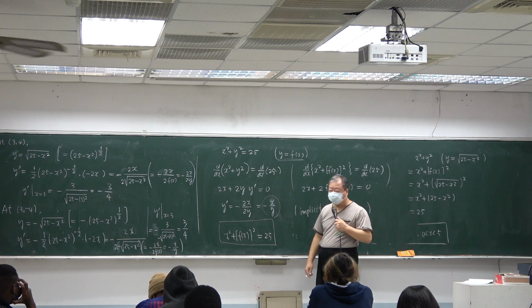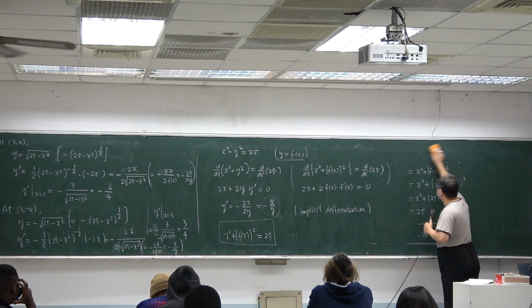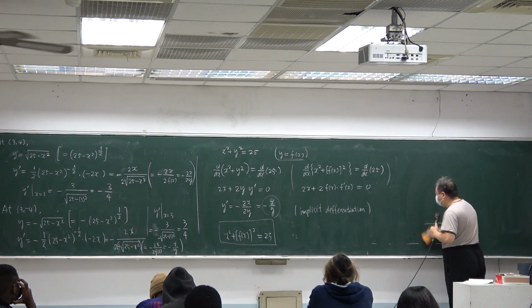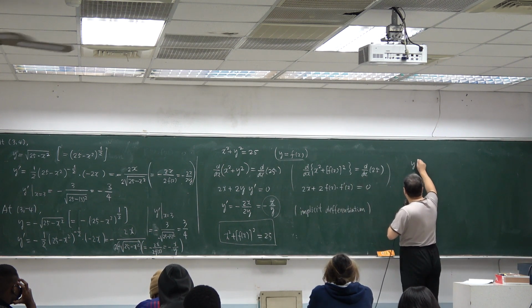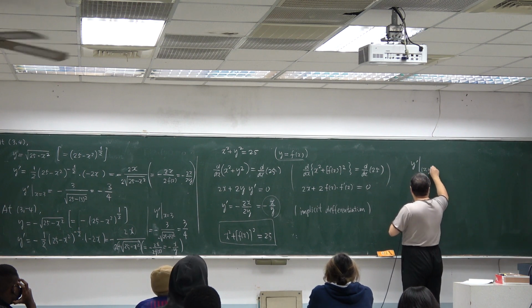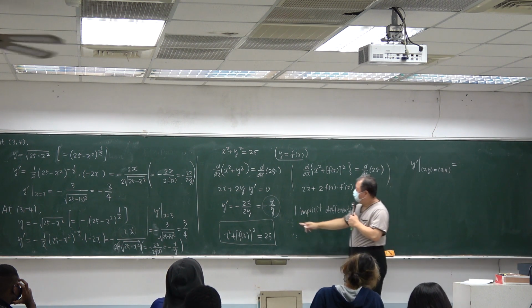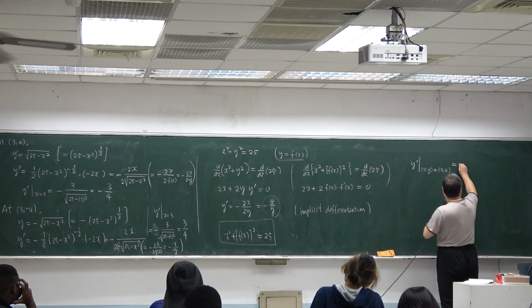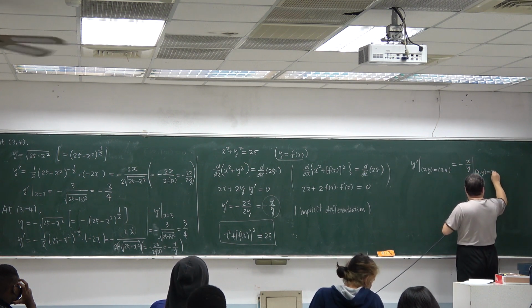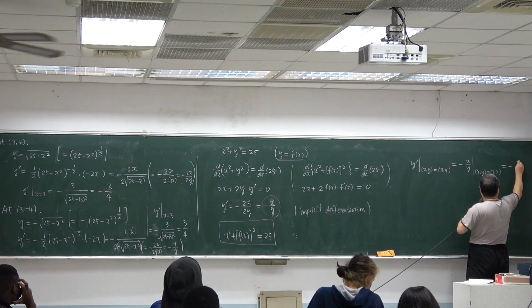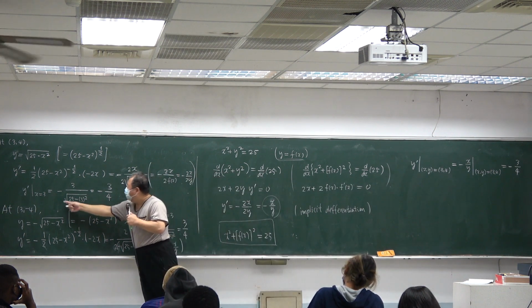Okay. Then at (x, y) equals (3, 4), see, this is y.